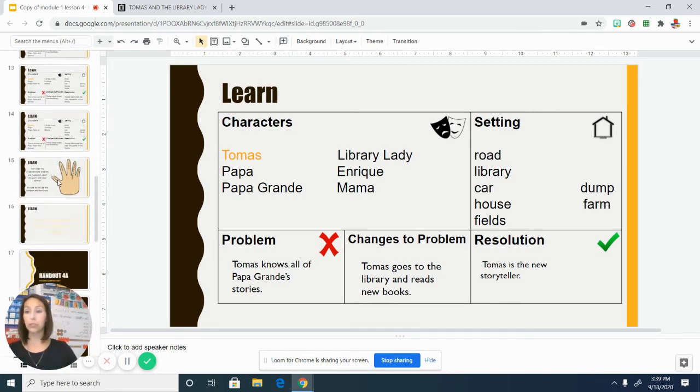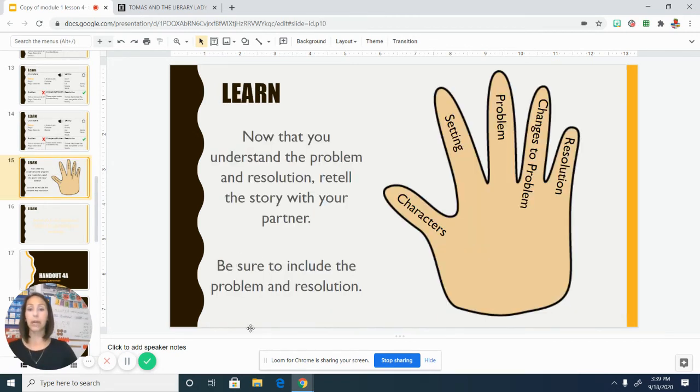So let me show you just a little helpful trick to help you remember. You have your hand, right? And it's normally with us all the time. So we can use this to help us remember the different elements or the story stones or the parts of the story, and can help us retell, right? We can start by telling who the characters are in the story.